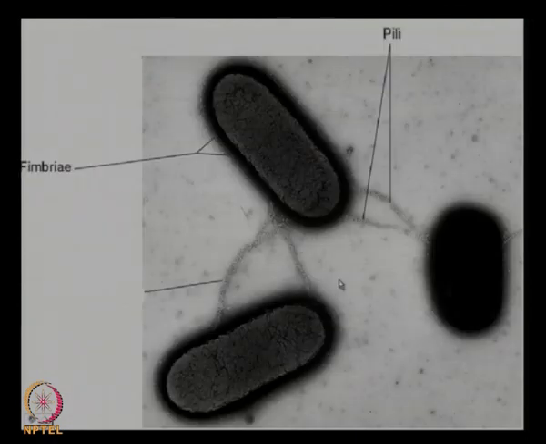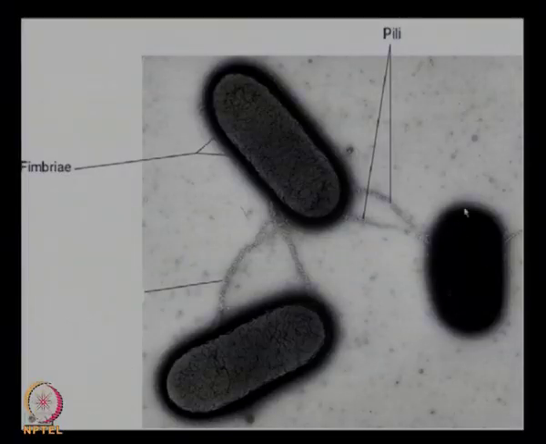See the electron microscopic view, say this is the pili of gram negative bacteria. It helps in conjugation. When it is going for reproduction, one cell comes in close contact with another cell. So, this is one cell and this is another cell.